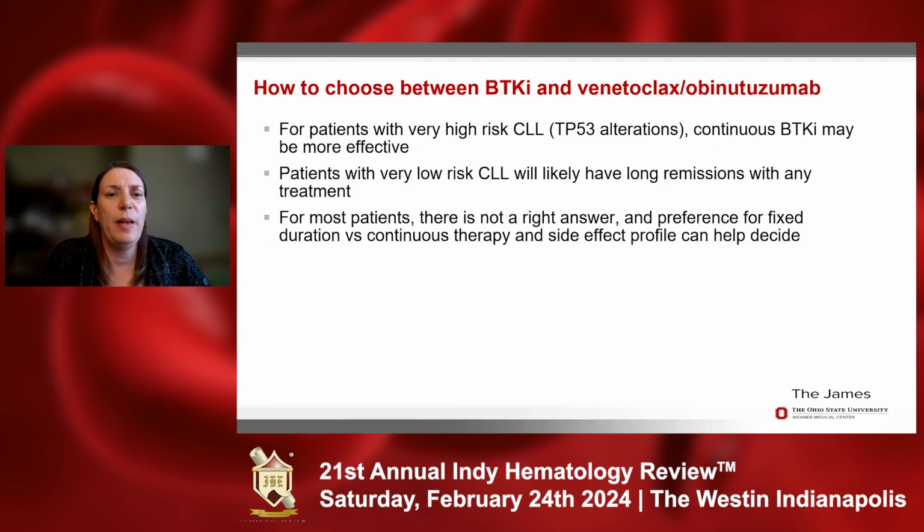And then how do you choose between a BTK inhibitor and venetoclax obinutuzumab? Again, summarizing a lot of research in a very short period of time. For people who have really high risk CLL, and that specifically would be those people with TP53 mutations or a certain chromosome abnormality called a 17p deletion, it seems that continuous therapy, and here we do that with a BTK inhibitor, might be the best approach.